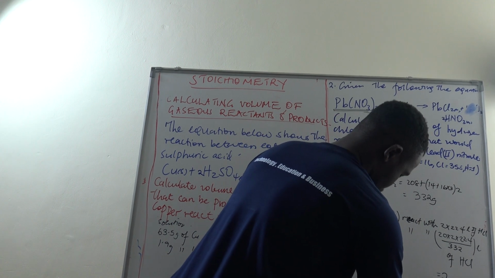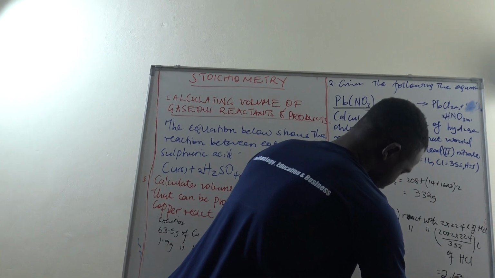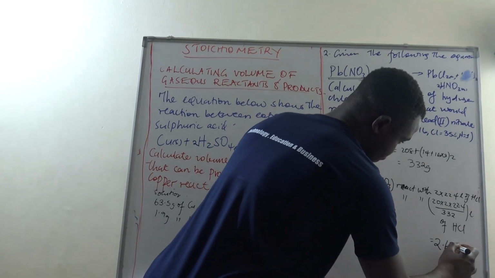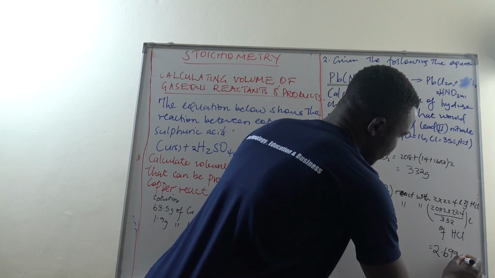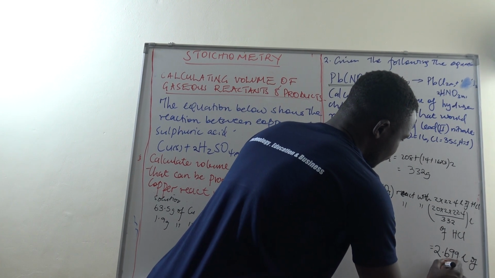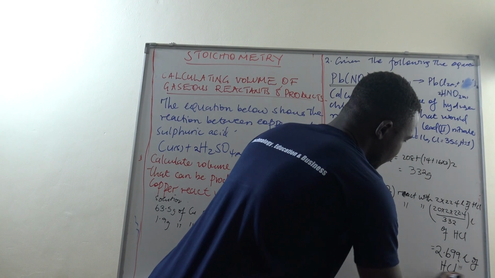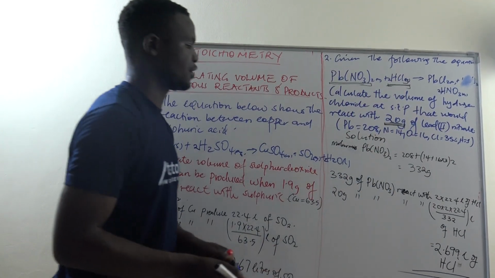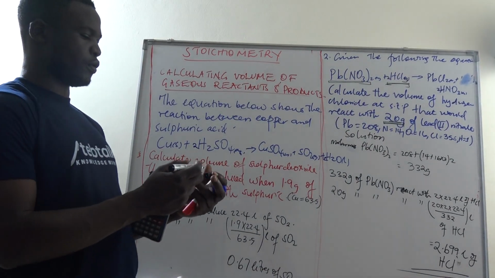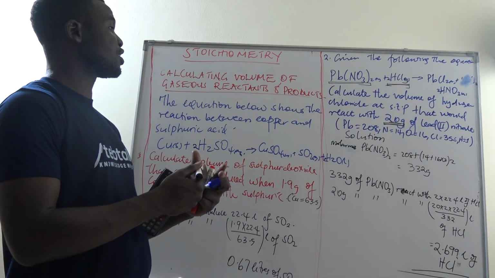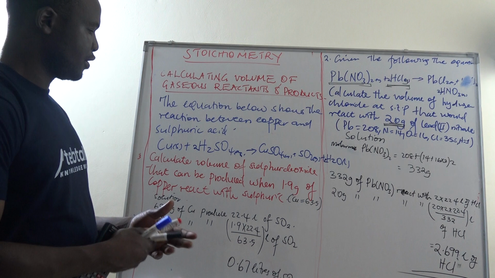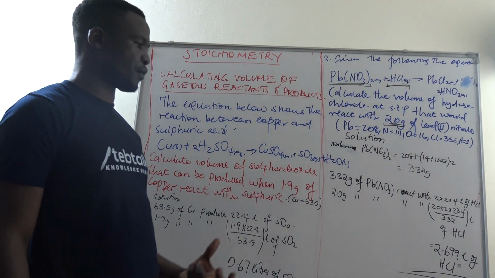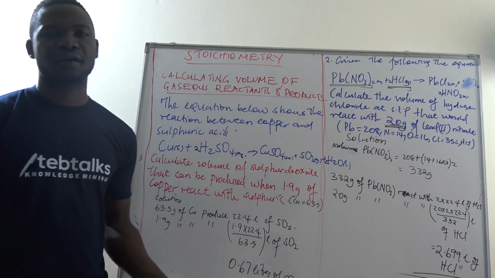This is 2.69 liters of hydrogen chloride gas. So that is how we could go about such a problem. So therefore, guys, let's pick from here in the next video. Thank you.